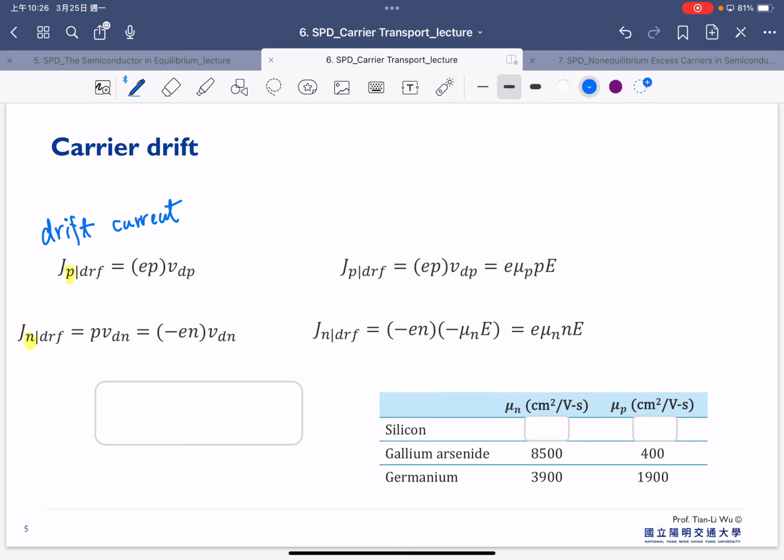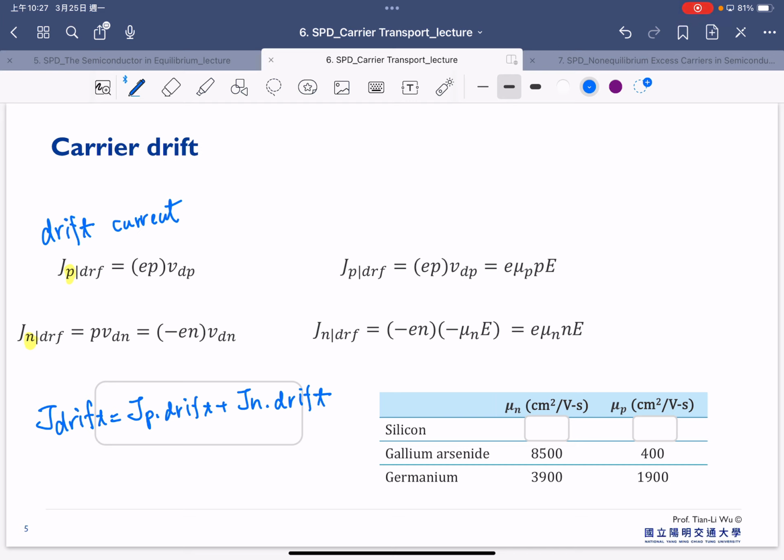So the total drift current is equal to the hole current plus the electron current. So that's Jp drift plus Jn drift. That's a very simple concept.